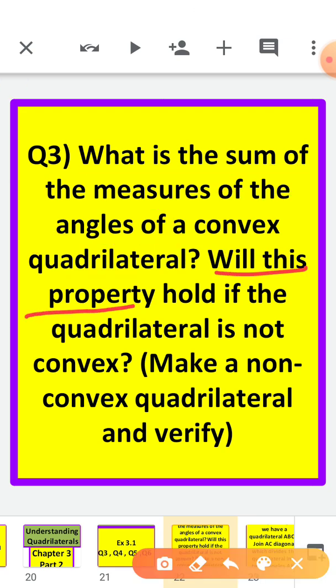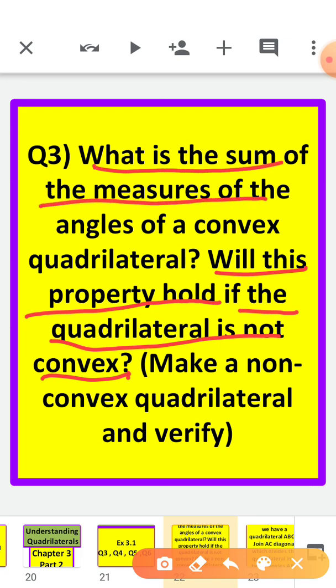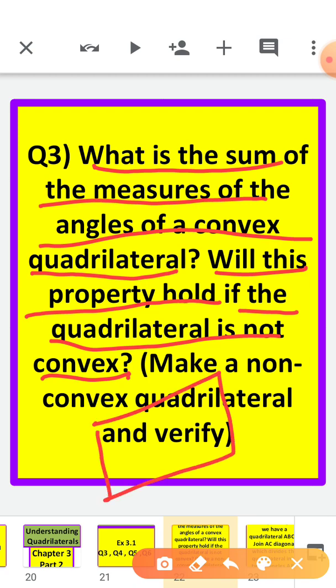Will this property hold if the quadrilateral is not convex? Again I am repeating the question. What is the sum of measures of angles of a convex quadrilateral? Imagine you have one quadrilateral and you have to tell the sum of all the angles when that quadrilateral is convex.